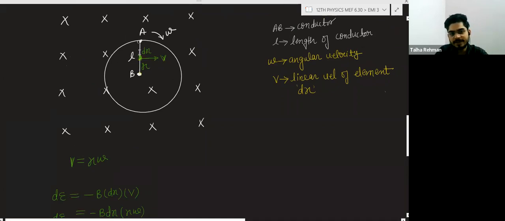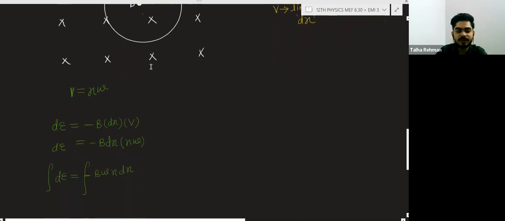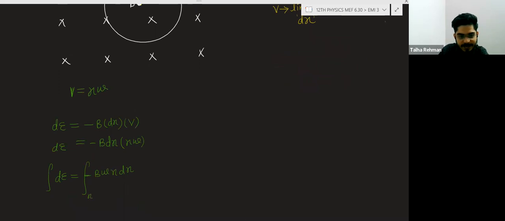At point B the value of x is equal to 0, and at point A the value of x is equal to the length of the conductor L. So here you will apply the limit x equal to 0 to x equal to L.